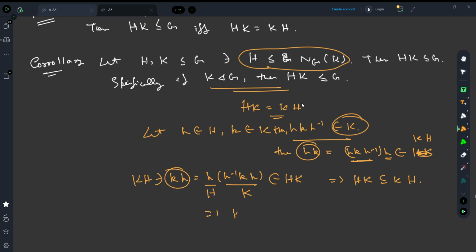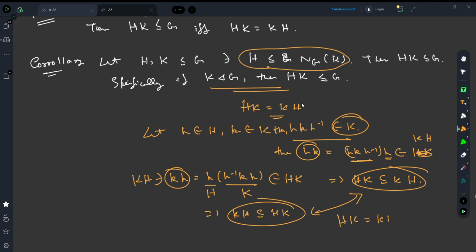So that implies KH is a subset of HK. So these two statements precisely mean HK must equal KH. Okay, clear?